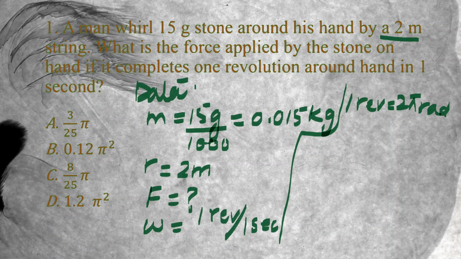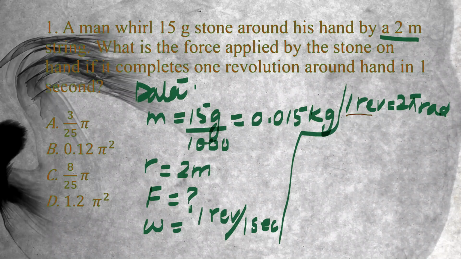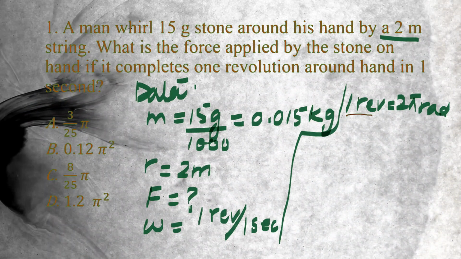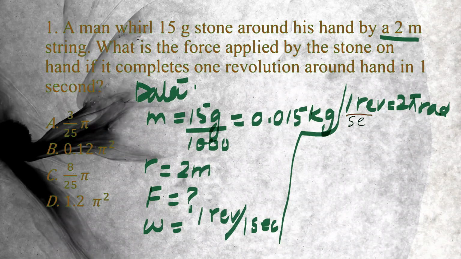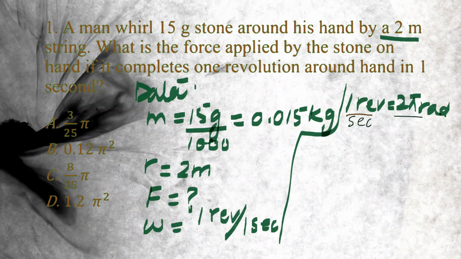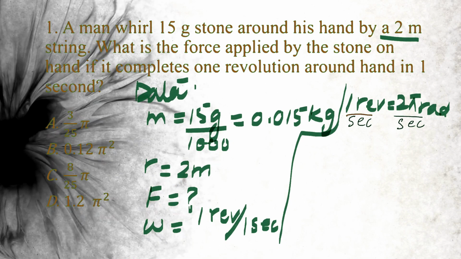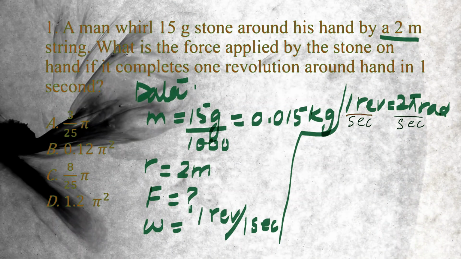When I divide both sides by second, wait a second students, it will look like 1 revolution per second is equivalent to 2 pi radian per second. So I can replace 1 revolution per second by 2 pi radian per second.